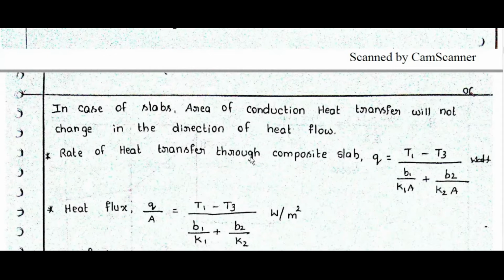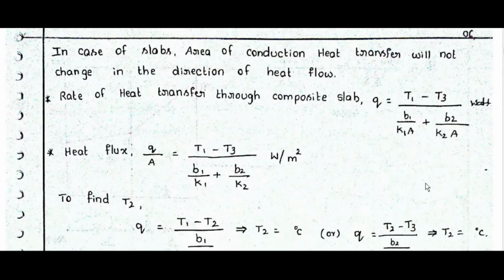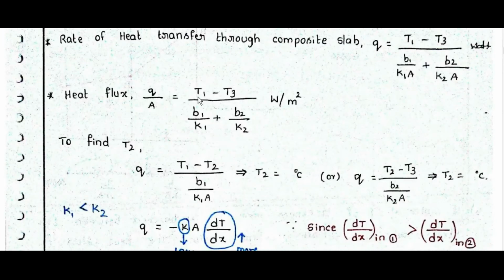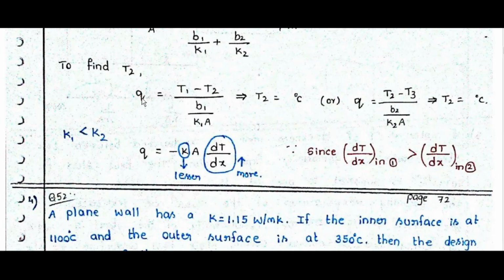Rate of heat transfer through the composite slab Q is equal to (T1 minus T3) by (b1 by K1 A plus b2 by K2 A). Heat flux Q by A is equal to (T1 minus T3) by (b1 by K1 plus b2 by K2) watt per meter square. To find T2: Q is equal to (T1 minus T2) by (b1 by K1 A), which gives T2 in degrees centigrade. Also Q is equal to (T2 minus T3) by (b2 by K2 A).